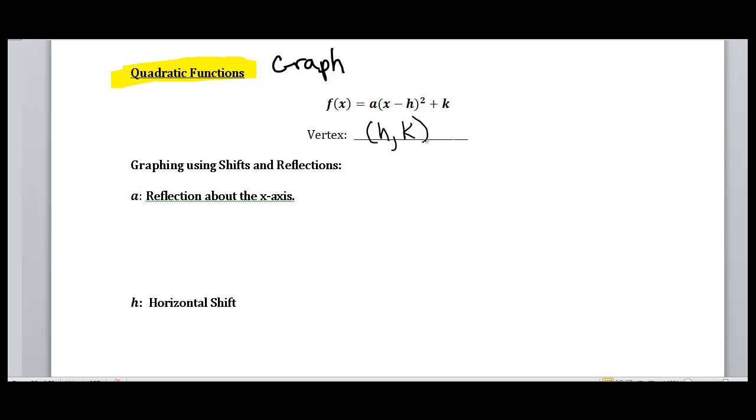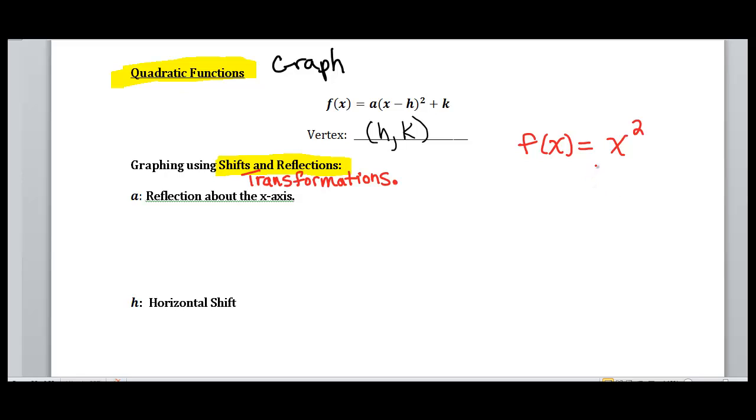And so it's going to be very important when we come up with a new way to graph these functions. That way is by using shifts and reflections, or another way to say that, by using transformations. The thing that we're going to transform is the function f of x equals x squared.